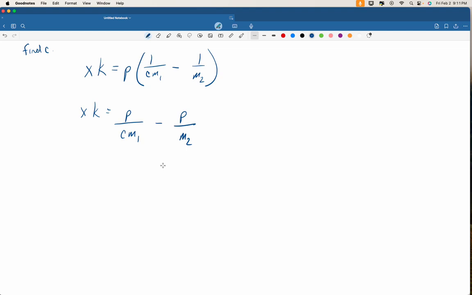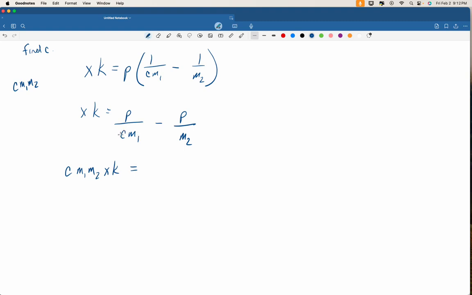So I would think the easiest thing to do would be to get a common denominator here. So cm1m2 would be our common denominator for all three of these, and multiply all of them in order to get there. So I'm going to multiply this by cm1m2, and it's going to be cm1m2xk.